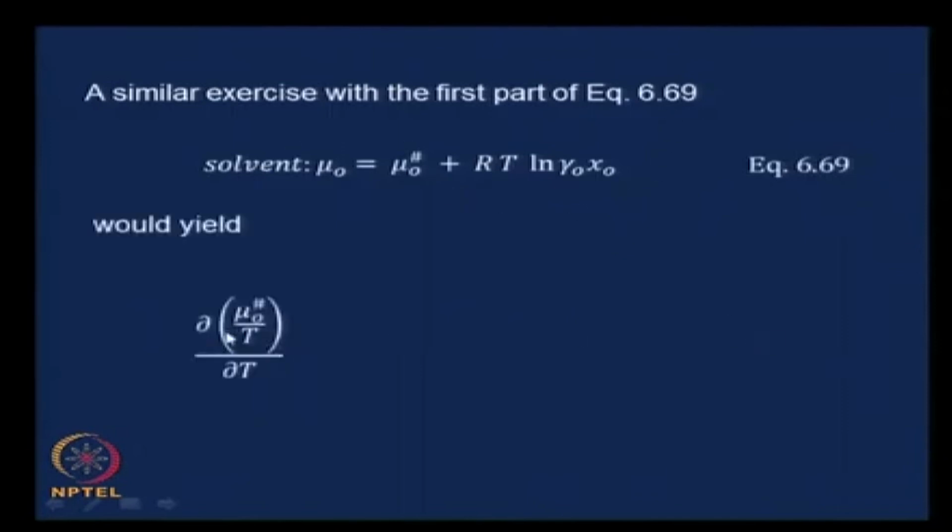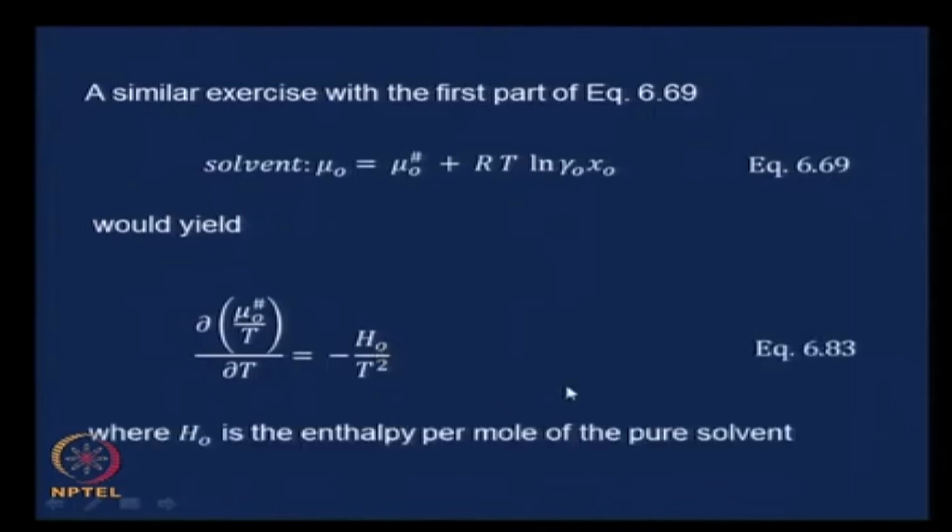Now if we do a similar exercise with the first part of that equation, the first part of equation 669, divided by T and take the derivative with respect to temperature, that would give us ∂/∂T of μ_0^#/T equals minus H_0/T², equation 683, where H_0 is the enthalpy per mole of the pure solvent.